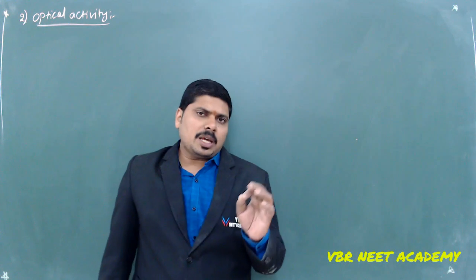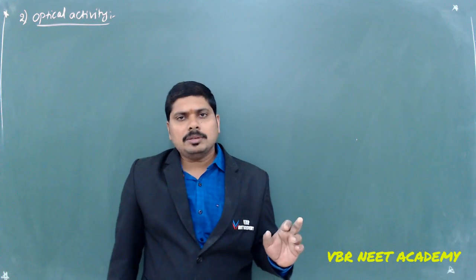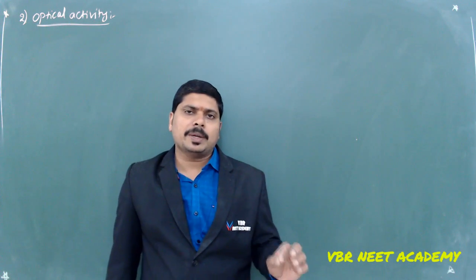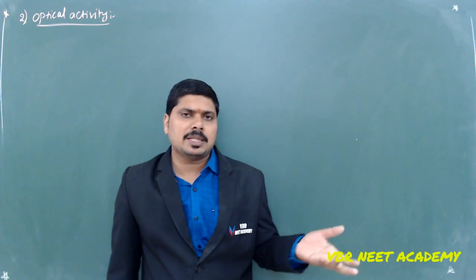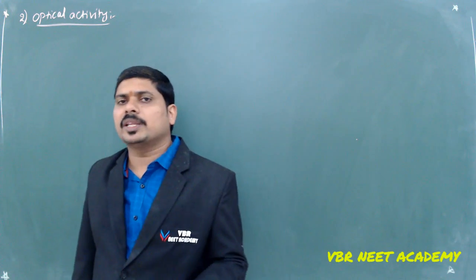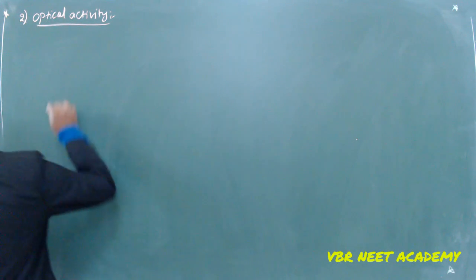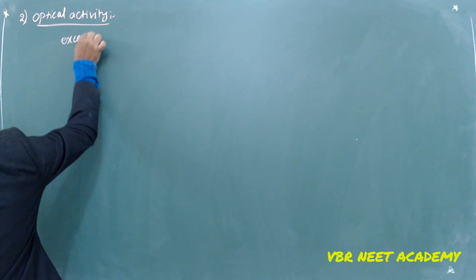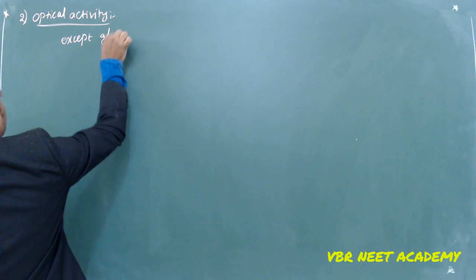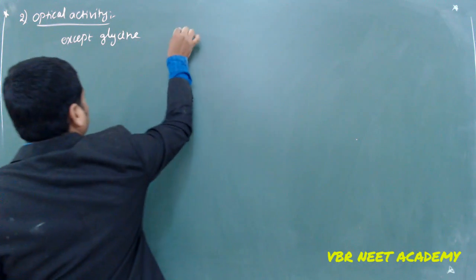All your amino acids are going to have optical activity, because they have a chiral carbon. At the start itself I said D amino acid, L amino acid, it is there for everything except glycine. Why?